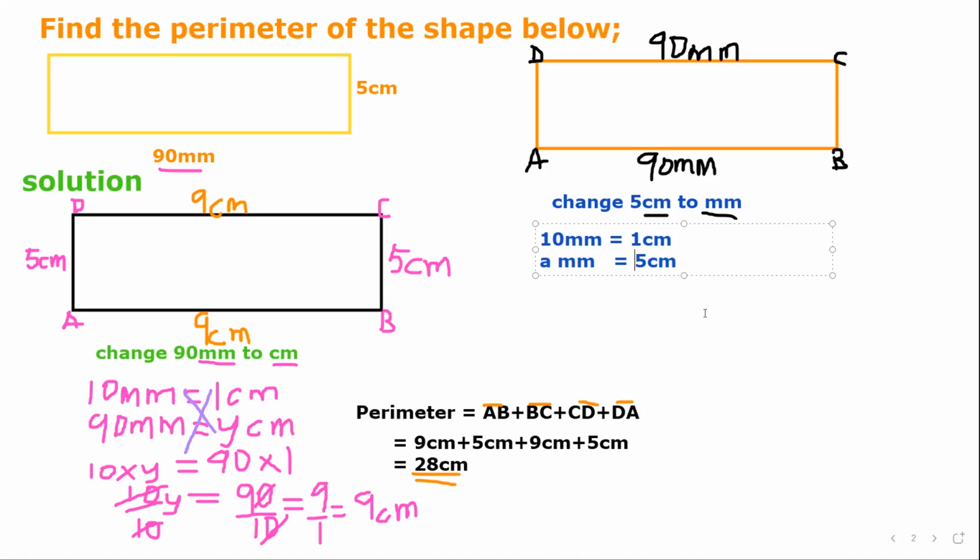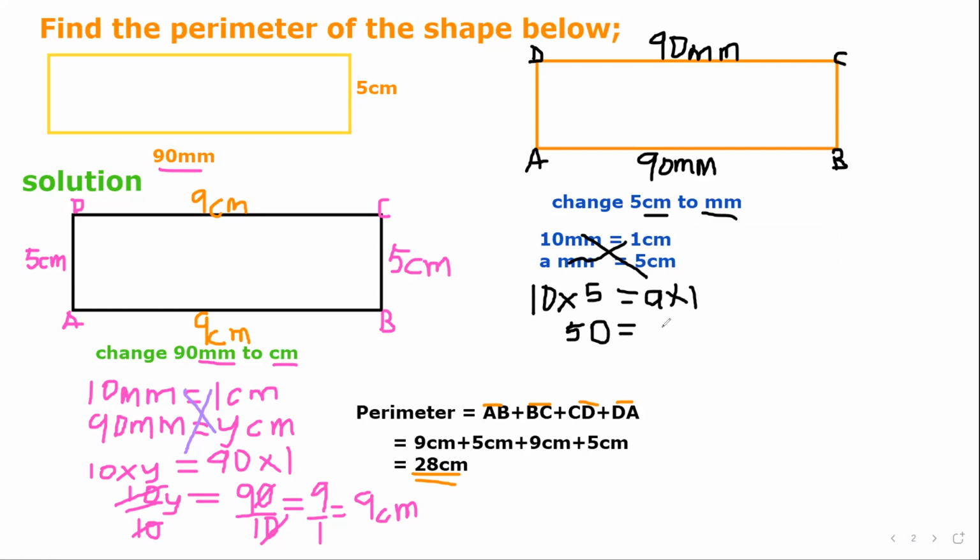Okay, then you do your cross multiplication. The coefficient here will multiply this, and then the coefficient here will also multiply that. Now we have 10 times 5 is equal to a times 1.